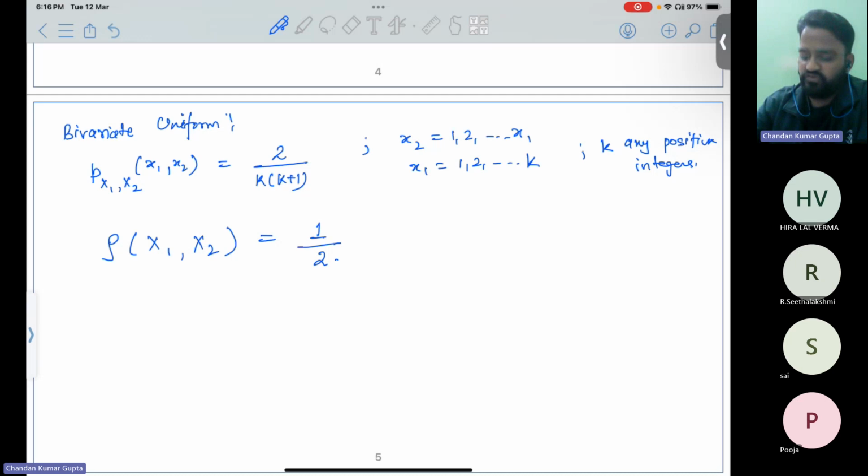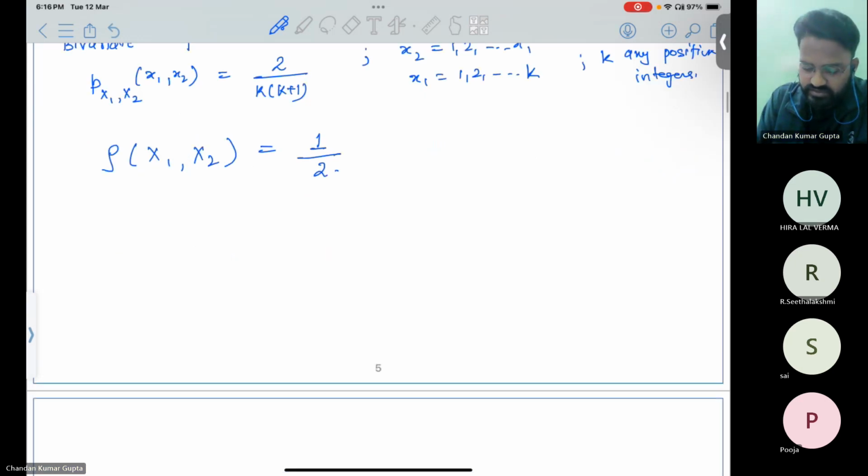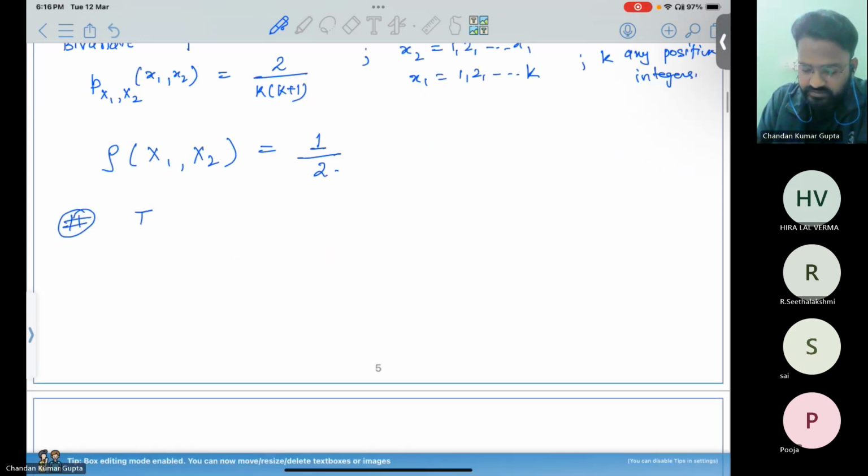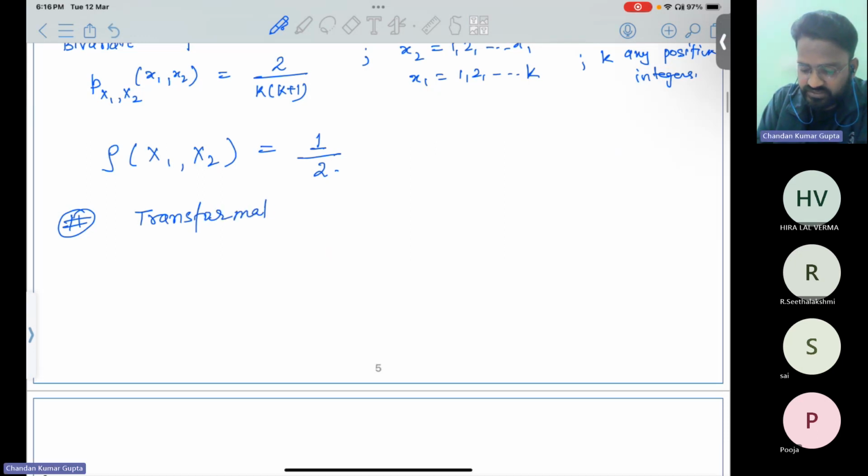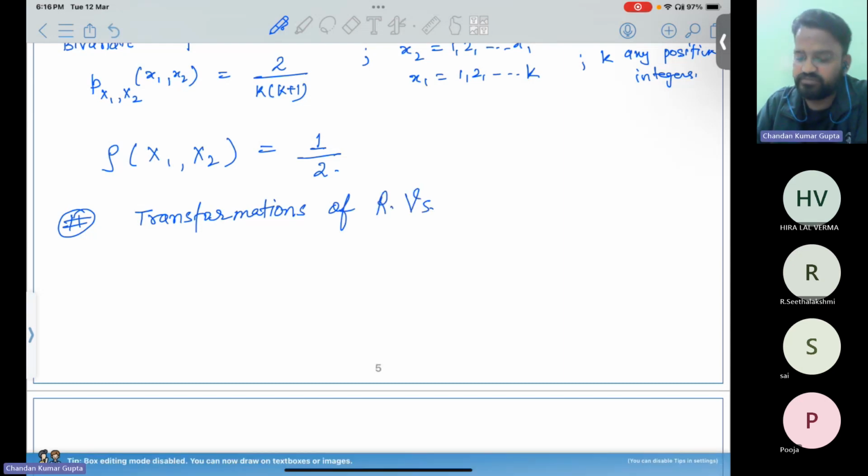Then we have a very important topic, transformations of random variables.